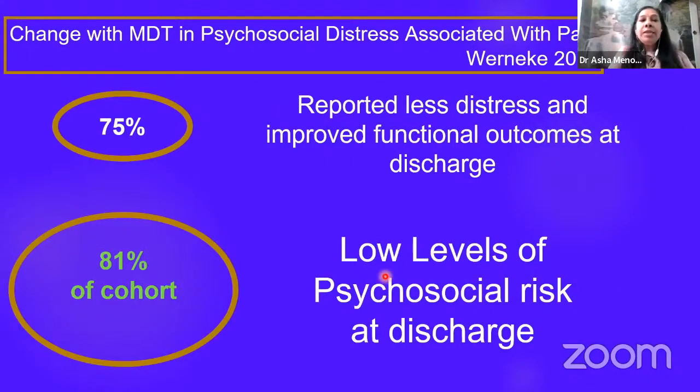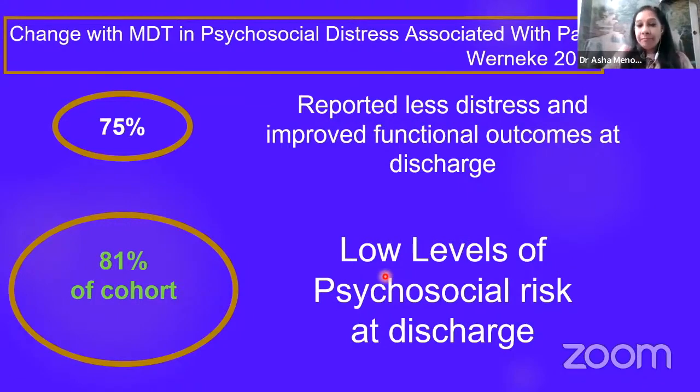And what was seen is that 75% of patients reported less distress and improved functional outcomes at discharge. And 81% of the cohort had low levels of psychosocial risk at discharge. This once again tells us that the McKenzie method of management in the chronic low back pain patient is a very active method of treating patients. And yes, we do identify these various drivers of pain and disability, and we are able to handle them well within the management.